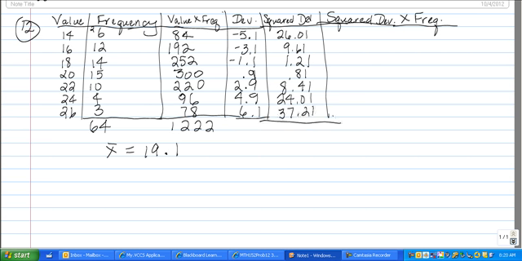Now we want to add up the numbers we have in that column. So I'm going to use my calculator again. Plus 0.81 plus 8.41 plus 24.01 plus 37.21.